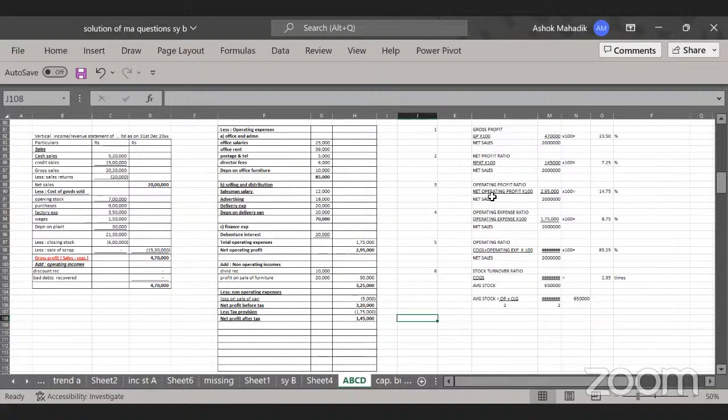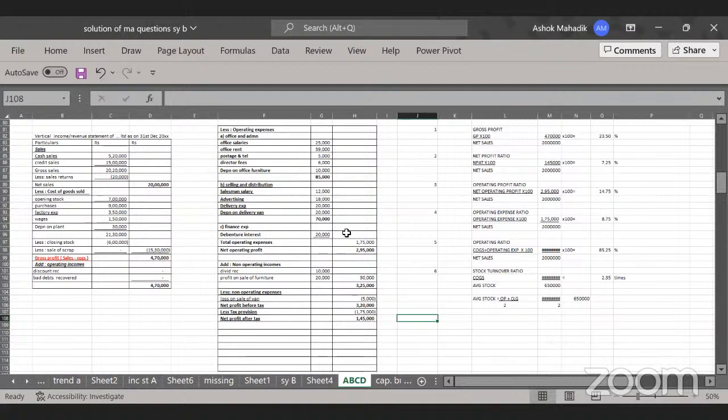Third one is operating profit ratio. Okay. So after operating expenses, okay, after deducting operating expenses, you will get net operating profit. Non-operating के पहले. Okay. So you can see in operating we cover office expense, selling expense, and finance expense. Okay. So after deducting these three items from GP, we get net operating profit, which is 2,95,000. Okay.